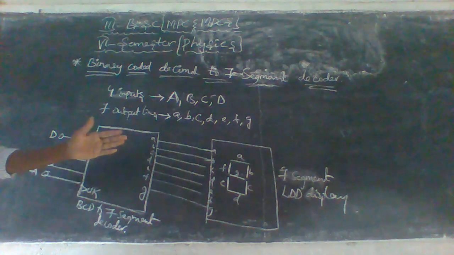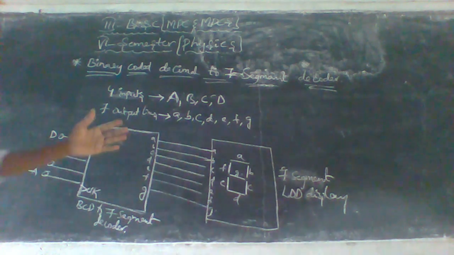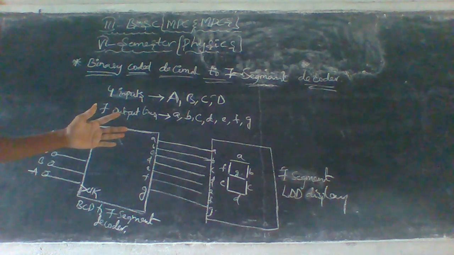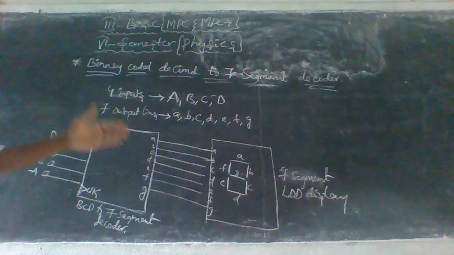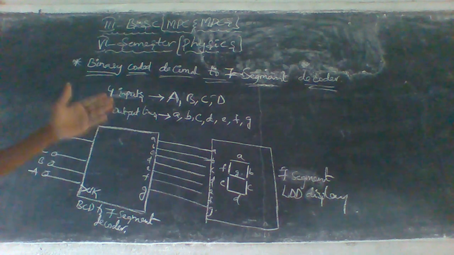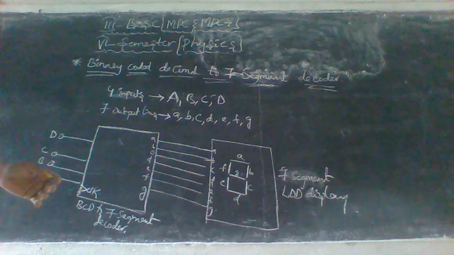For the common cathode type, we use the BCD to 7 segment decoder.